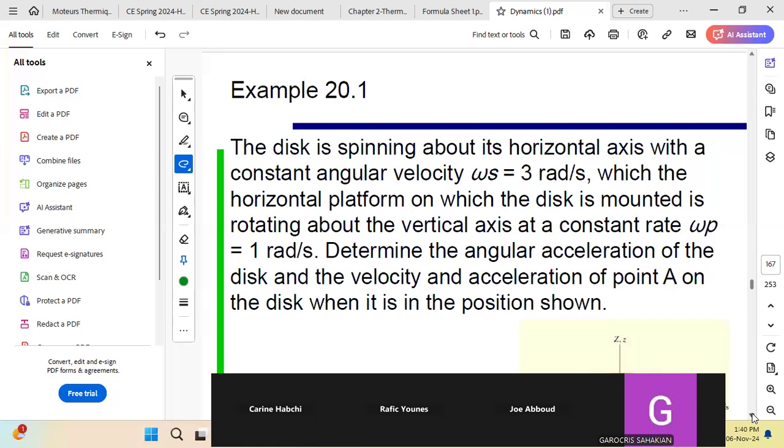Here you have two angular velocities, one along k, one along j.